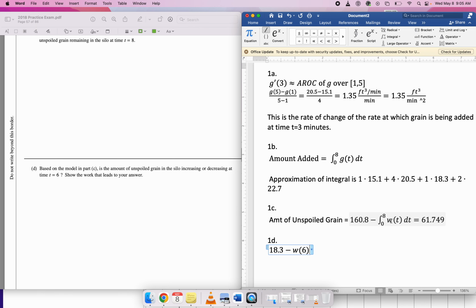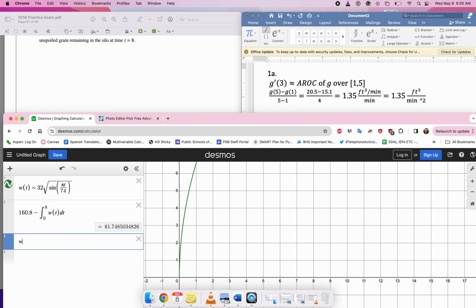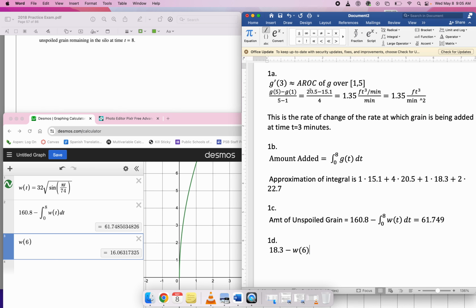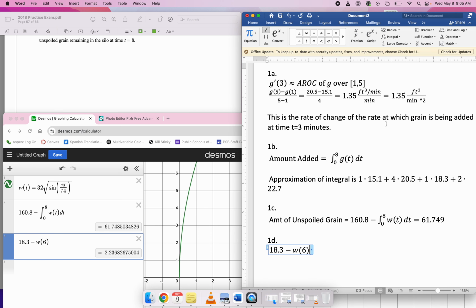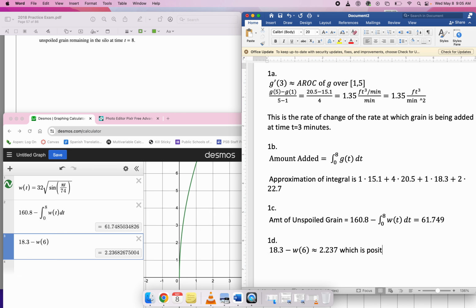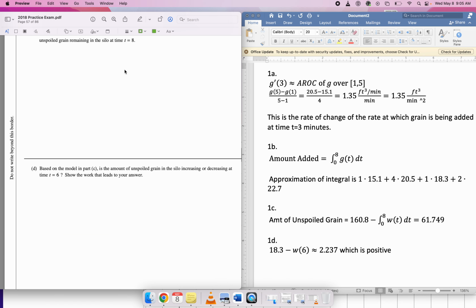So what is W of 6? That's 16.06. So this figure, 18.3 minus W of 6 is 2.237 approximately, which is positive, which is telling me that at this moment, grain is being added at a rate faster than grain is spoiling.